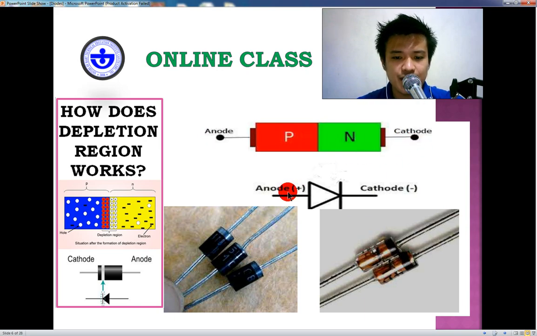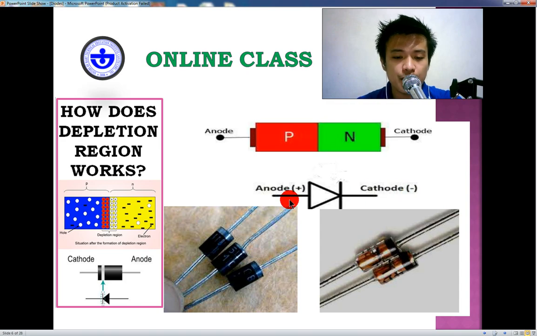Here is the symbol: there is an arrowhead, and the tail of this arrowhead we consider the anode terminal of our diode. On the tip of the arrowhead there is a vertical line, and that line is what we call the cathode, or negative, of our diode.